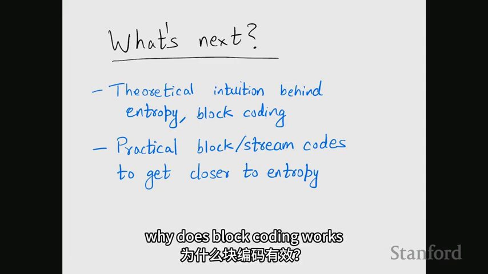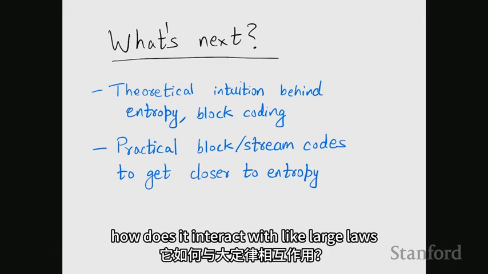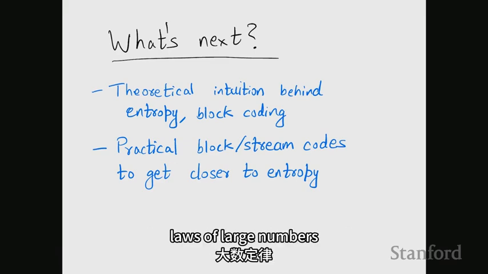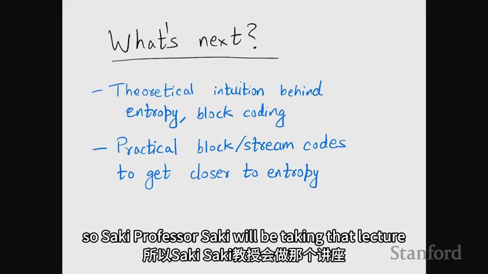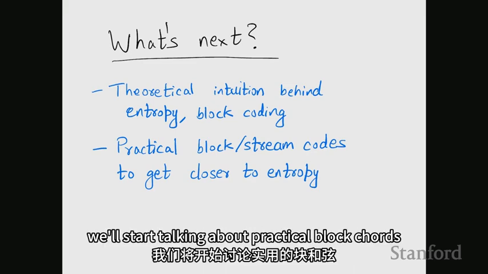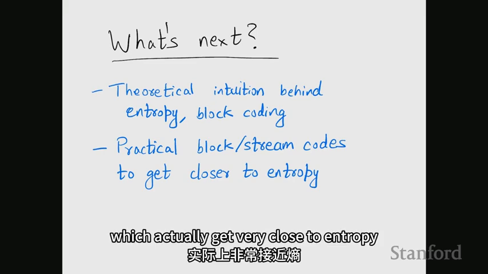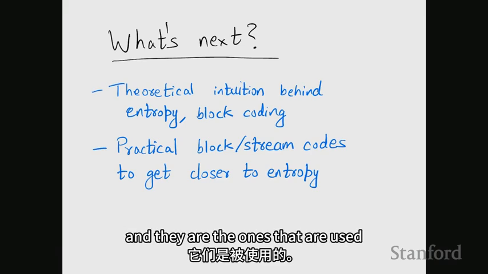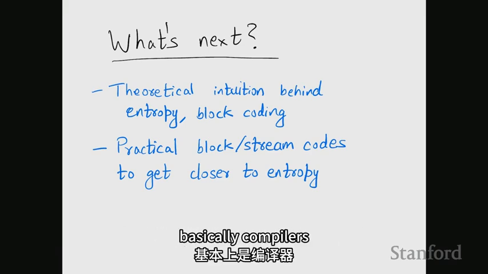Why does block coding work? How does it interact with the law of large numbers, probability, and so on? Professor Tsachy Weissman will be taking that lecture. And next week, we'll start talking about practical block codes or stream codes, which actually get very close to entropy. They are the ones used in state-of-the-art compressors.